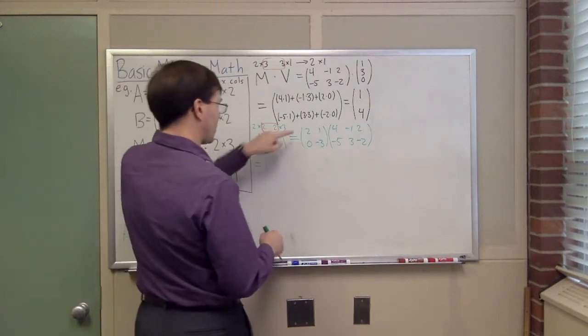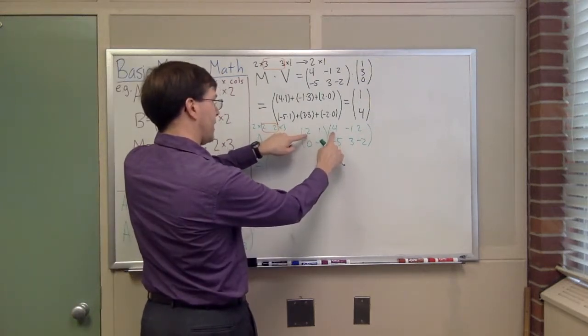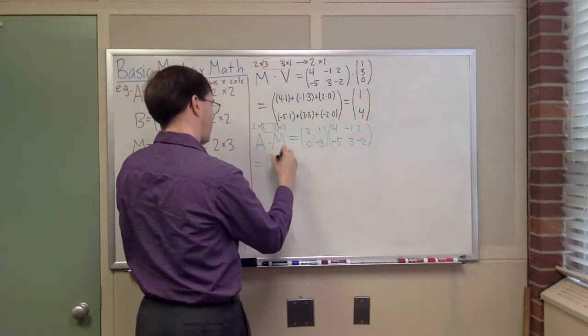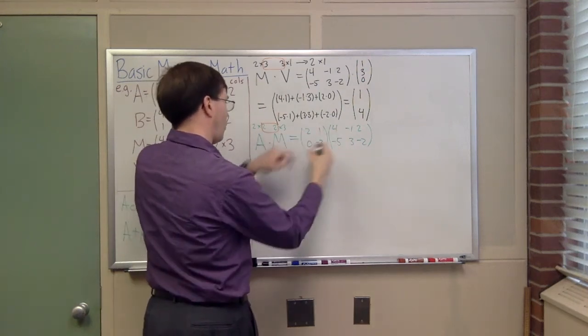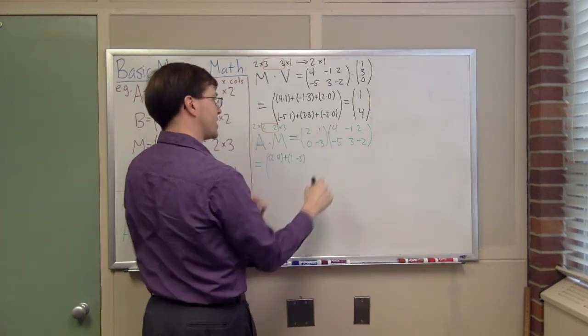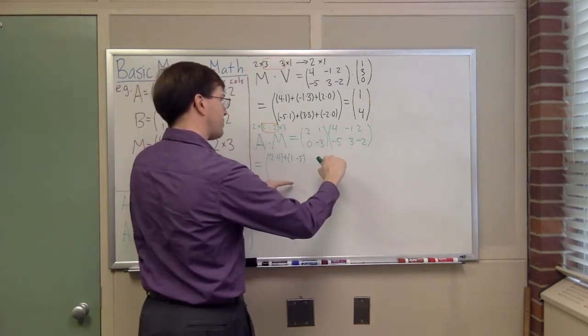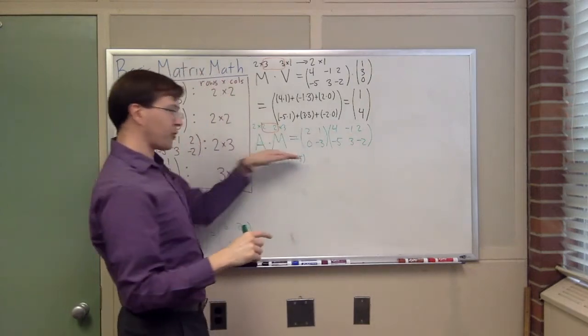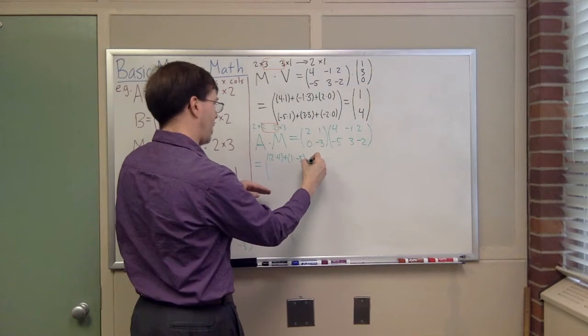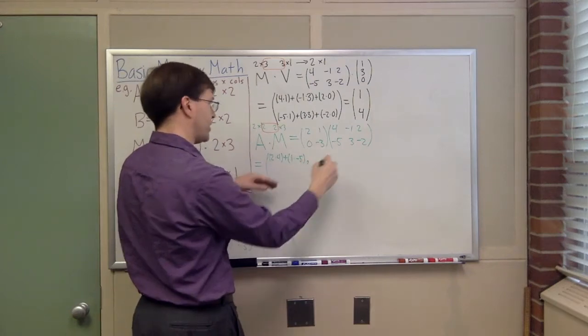So I start with the first row and the first column, and I'll go 2 times 4 plus 1 times minus 5, and that's my first entry. For the next space, it's still the first row of my result, but now I'm going to the second column. I'm going to put a comma here just so I can distinguish more clearly.